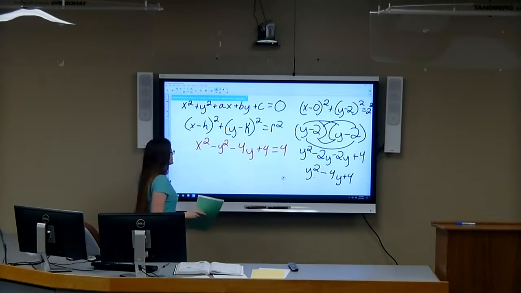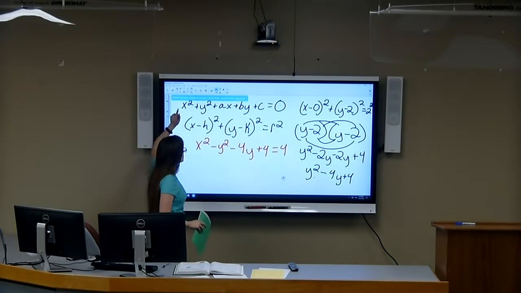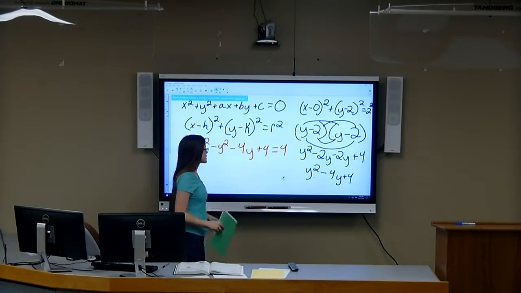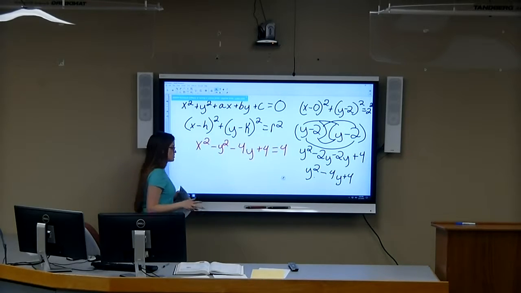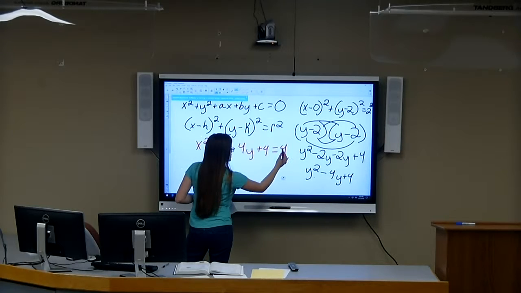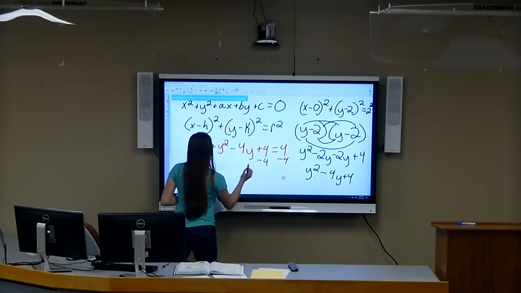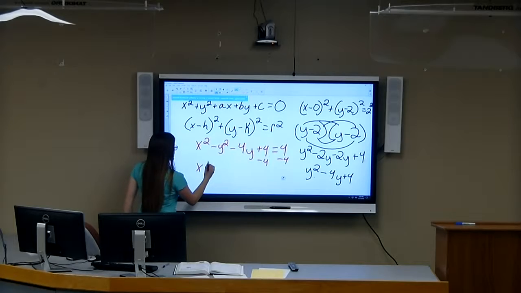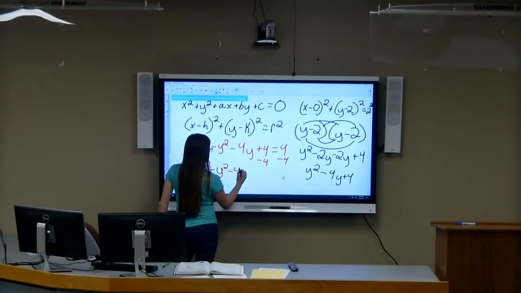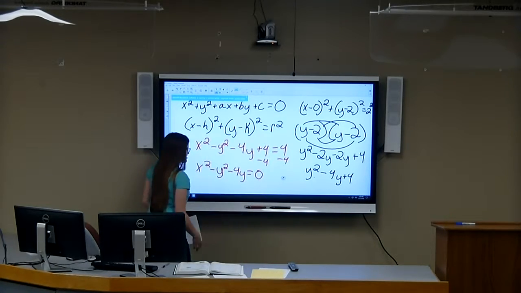Now, like with your last equation, this looks good. It fits the form, except for one thing. This doesn't equal 0. You need this to equal 0 for the equation to be correct. So you're going to subtract 4 here, and subtract 4 here, and that's going to give you x squared plus y squared minus 4y equals 0 as your final answer.